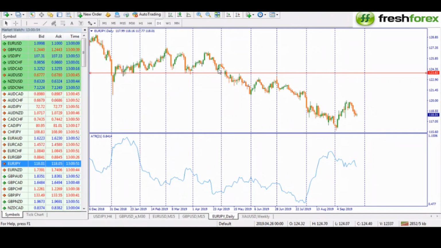If I was trading this pair correctly, what I look for is this. This is support, this is support, this is support. Then when price approaches this level, we had this low around this point.